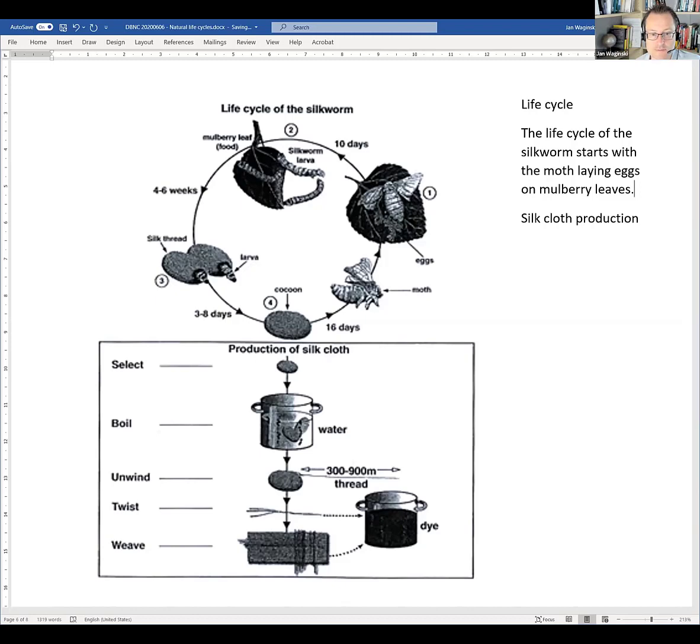Okay, Dina, next step. The moth lays eggs, and after 10 days, silkworm larva develop.